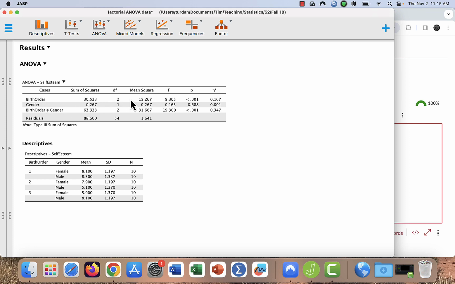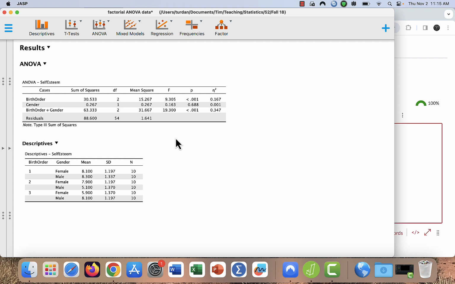So I look at my birth order main effect, and I see that it is statistically significant, and it's got an eta squared of 0.167. So I would say there is a statistically significant difference in the means of first, second, and third born children on self-esteem when controlling for gender and birth order by gender interaction.